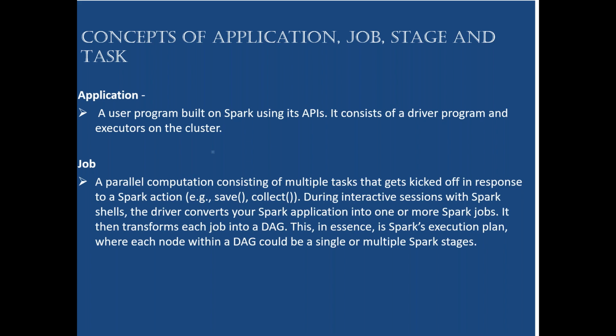It will come back and try to read the data from the given path, but the path does not exist. So you'll immediately get an error saying path not available or file not found. Okay, next. During an interactive session with the Spark shell, the driver converts your Spark application into one or more Spark jobs. Basically the application will be divided into one or more jobs, right?